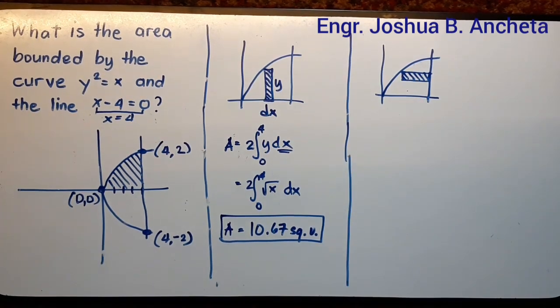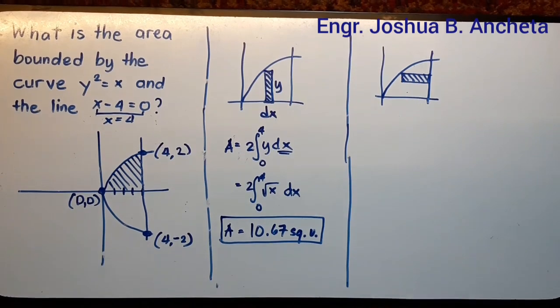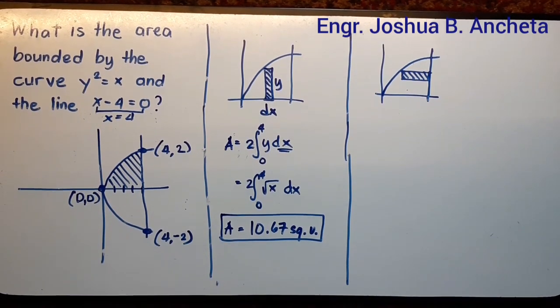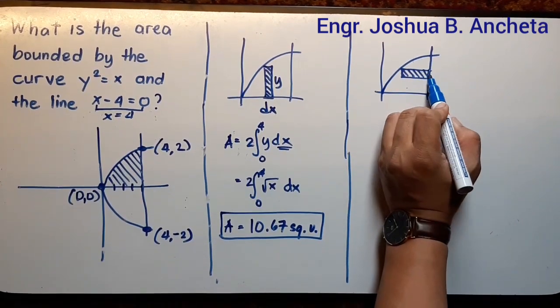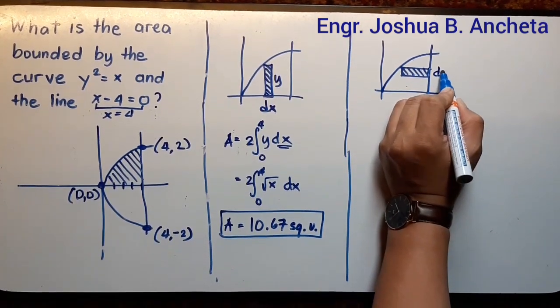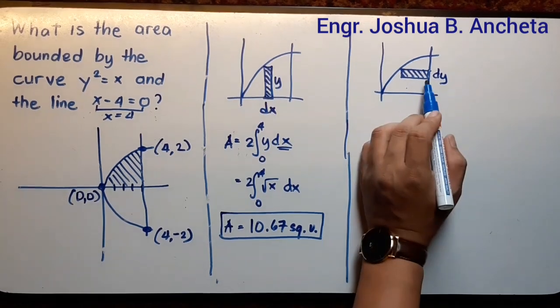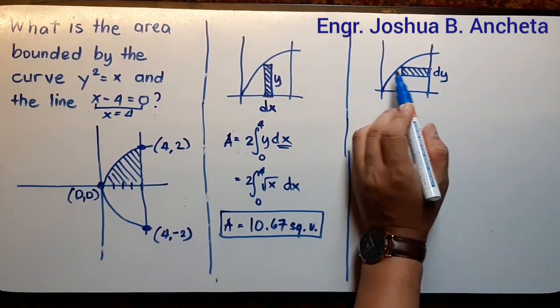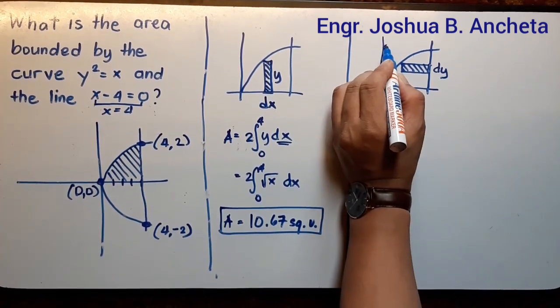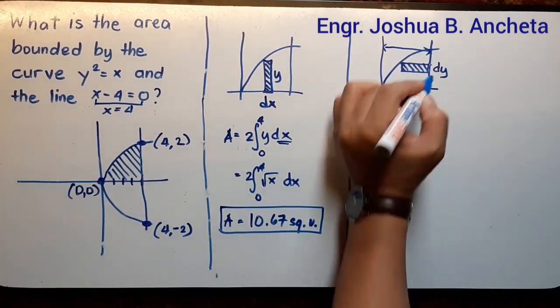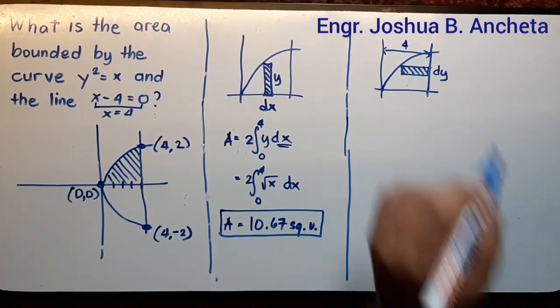For this horizontal strip, let us indicate the sides of the strip. For a horizontal strip, the shorter side is always dy. The longer side, you should observe this properly. From y-axis to this line, it's 4.